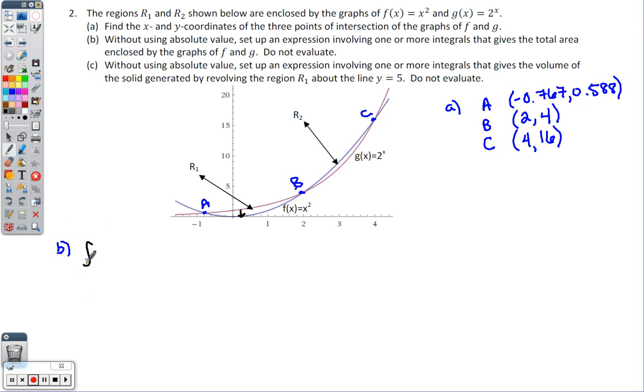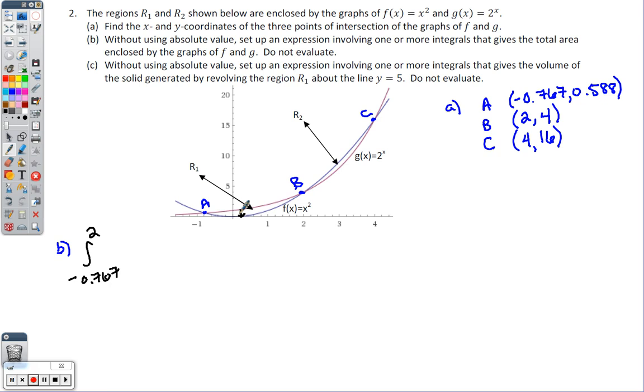So I'm going to say from negative 0.767 to 0.58, no, sorry about that, not that. So going from the X values, which means from negative 0.767 to 2, right, which is the B X value.